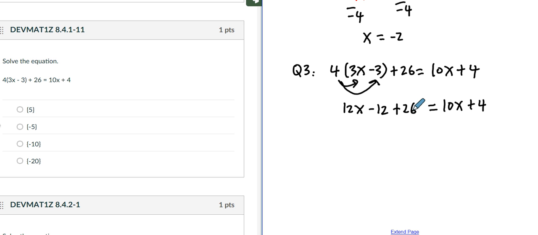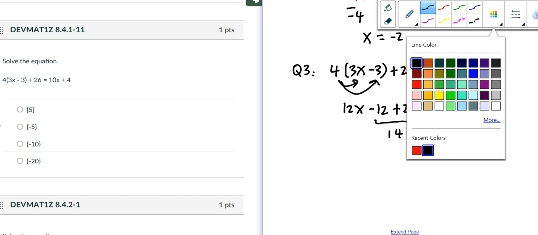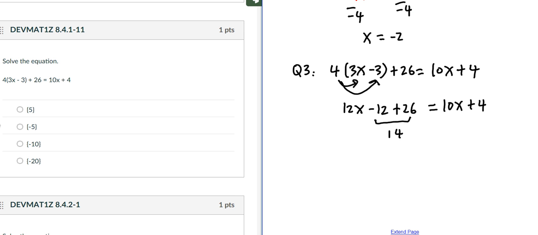Now you put those two together, you should have what? Positive 14, right? Those two together is 14. You may change the color to red.